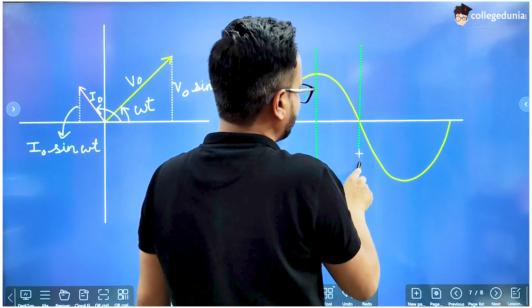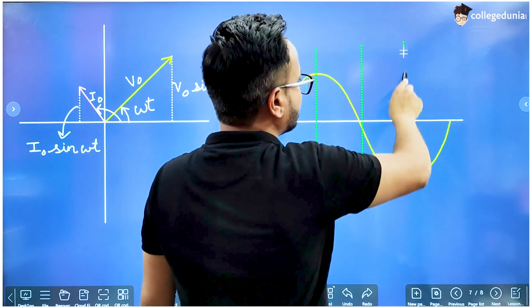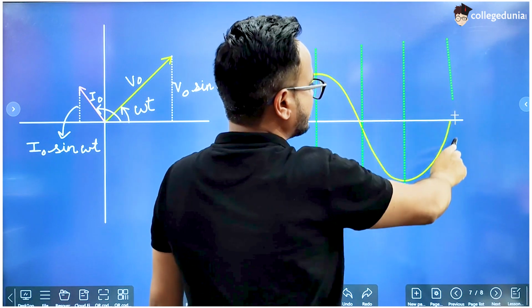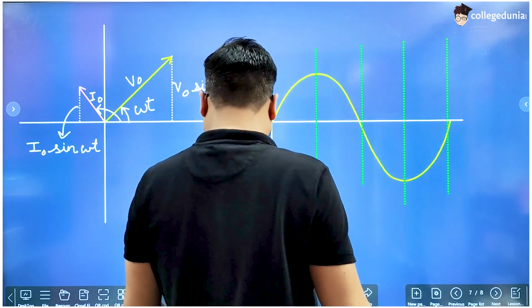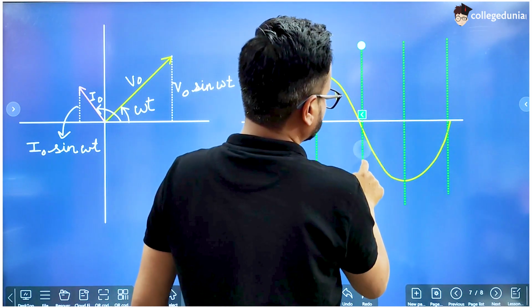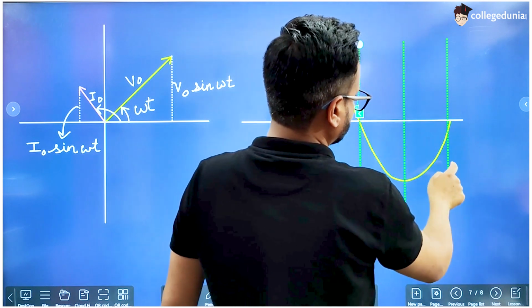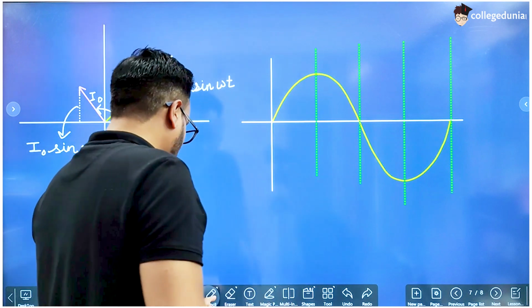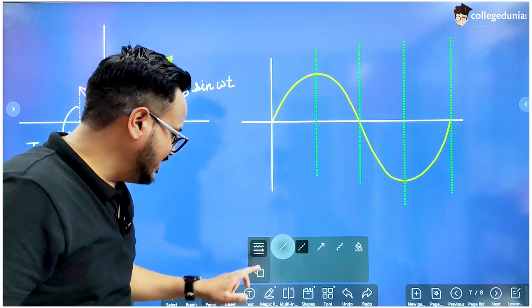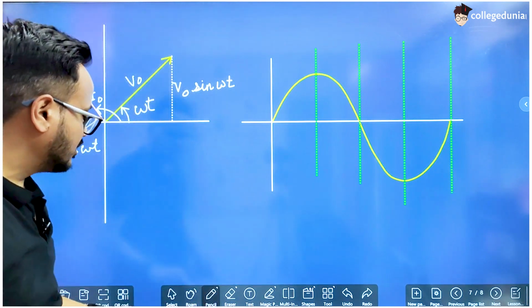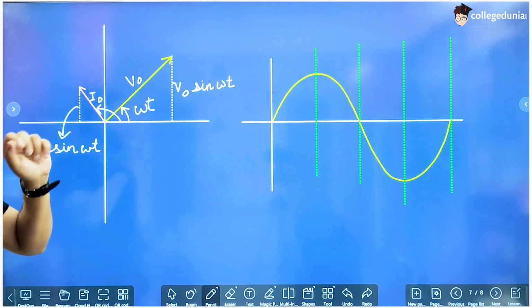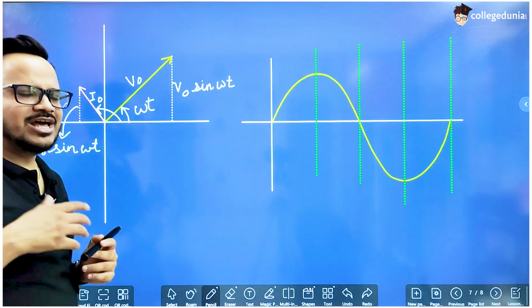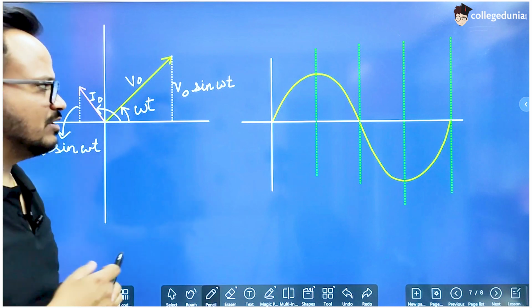And this is pi, this is 3 pi by 2, this is 2 pi. So the alternating current is leading the voltage by pi by 2, and the peak value of current is less than the peak value of the voltage.